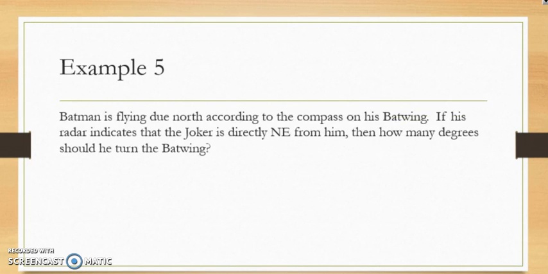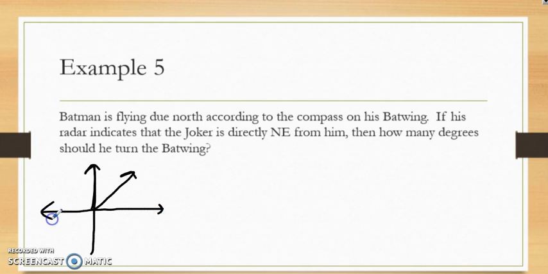So here's a real quick word problem. You'll often see bearings for a plane or a boat indicated. In this case, we have somebody flying due north, and he needs to turn and face northeast. We need to figure out how many degrees he should be turning the bat wing. What you want to remember for questions like this is that we're still talking about an X and Y axis essentially. Going from north to northeast is exactly halfway between the north and the east line.